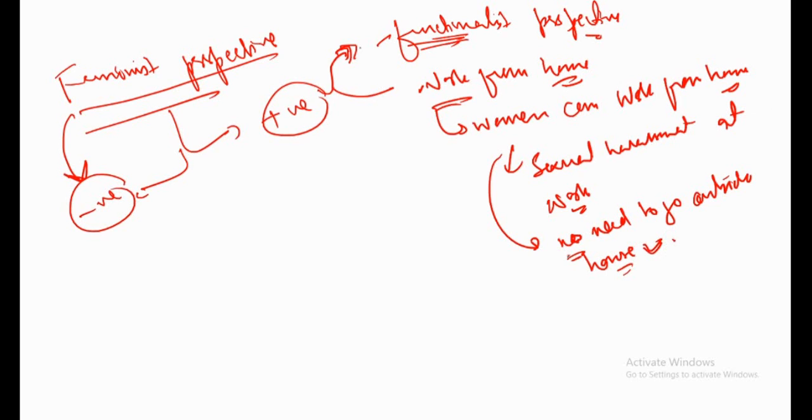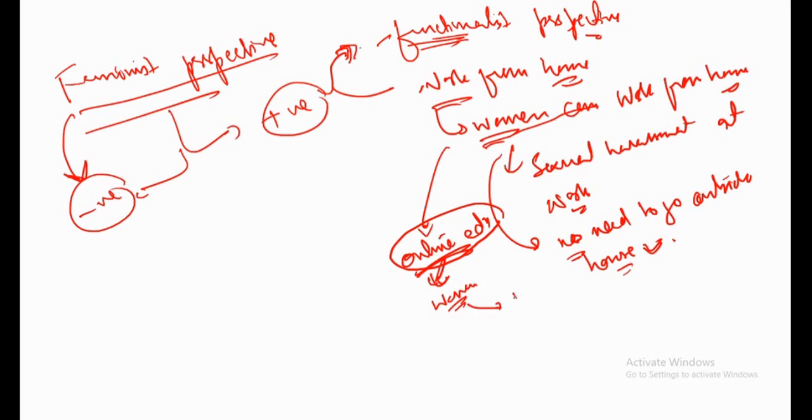Now there is the concept of online education, in the era of online education and work from home that is about to begin, and has already started at a certain level. Women will be allowed to educate themselves and to work because they can do this from their home. There will be no issue of sexual harassment. They need not go outside their house.